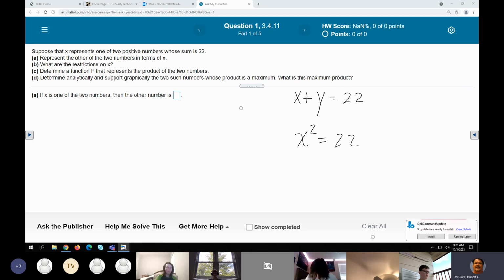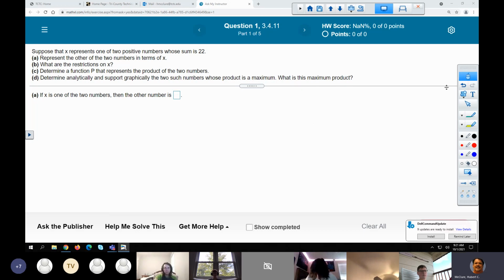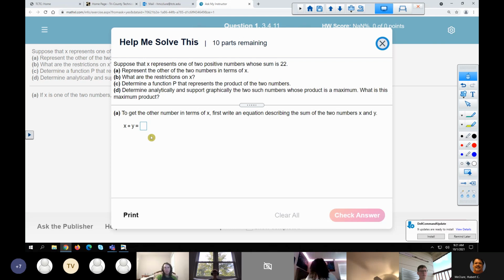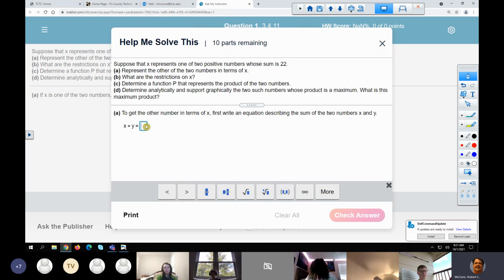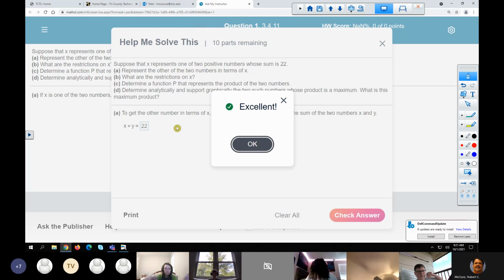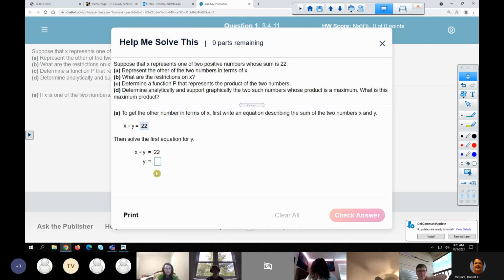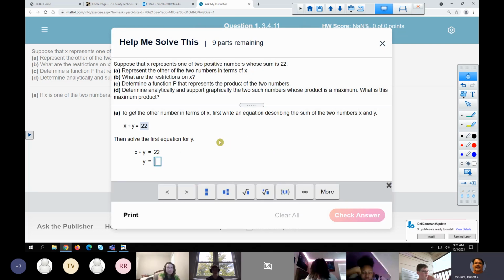Let me see where they're going with this, because I've never seen this question before. X plus y is equal to, in this case, 22. Y is equal to negative x plus 22. Why didn't they just say solve for y?